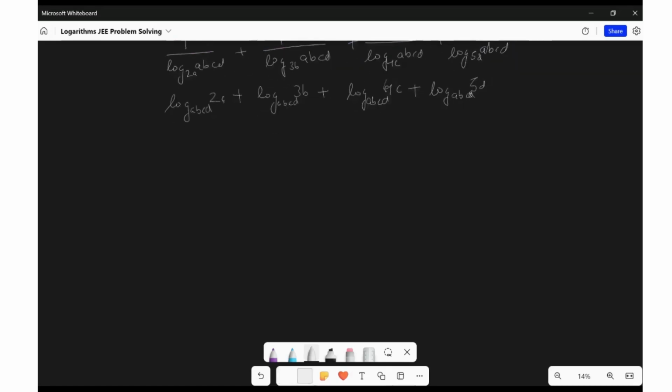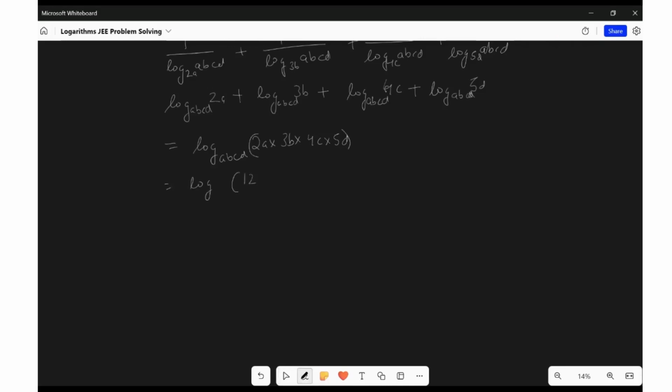Now using the property of logs, we can write log of 2a multiplied by 3b multiplied by 4c multiplied by 5d, whole base ABCD. Now it is log 120 ABCD base ABCD.